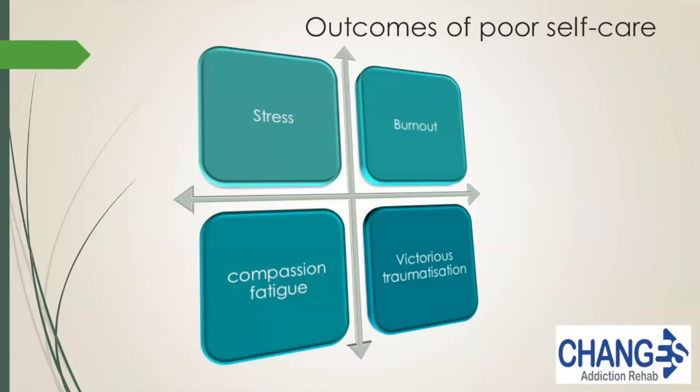So when we're looking at stress, here we're defining stress as a state of mental or emotional strain or tension as a result of adverse or demanding circumstances. If we're looking at an example to better understand this definition, it can be noticing your loved one's addiction. This may be in the earlier stages when you're seeing, okay, there's something going on here.